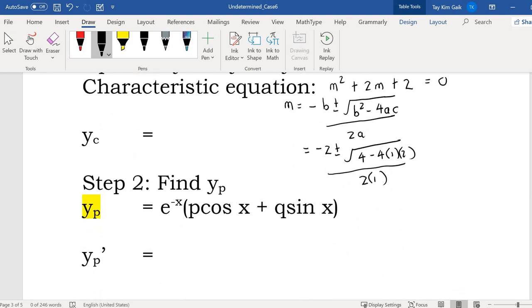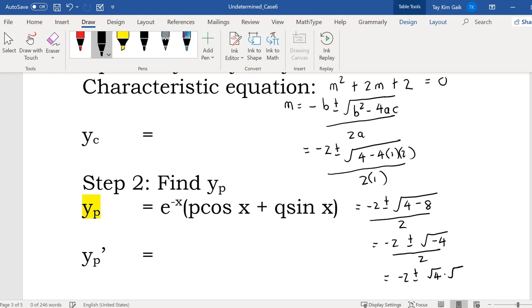Then you get negative 2 plus minus square root of 4 minus 4 times 2, which is 8. 4 minus 8 is negative 4, so negative 2 plus minus square root 4 times square root negative 1, divided by 2.